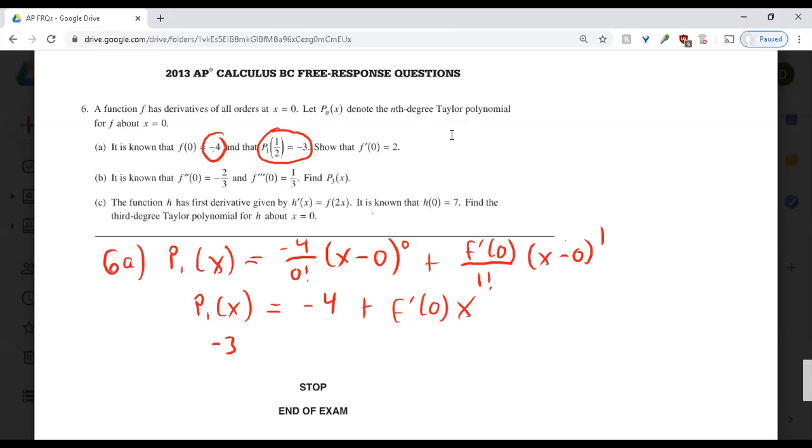So I'm going to substitute negative 3 when x is 1/2. So I'm going to add 4 to both sides. So that gives me 1 equals f prime of 0 times 1/2. And then to get f prime of 0 by itself, I just multiply both sides by 2. So f prime of 0 will equal 2.